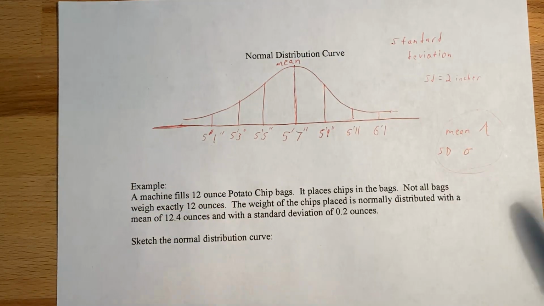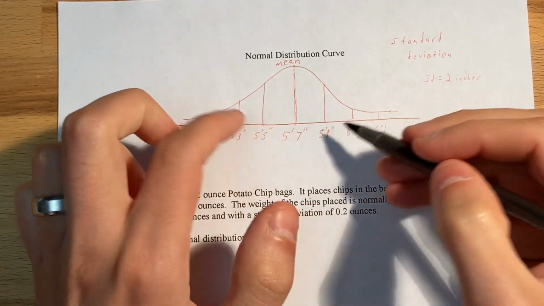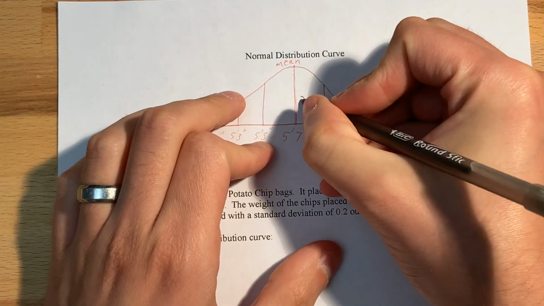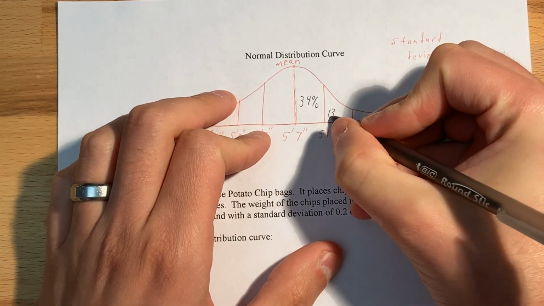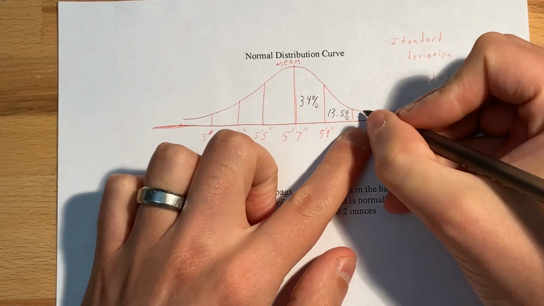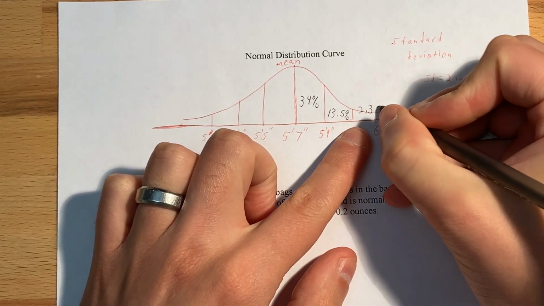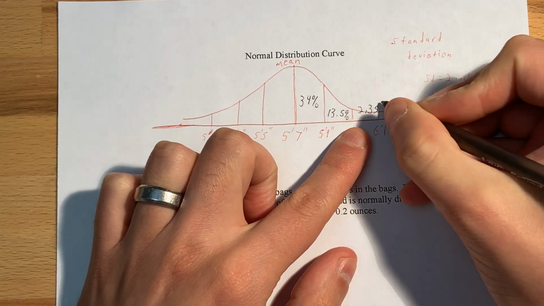And now it's time to throw some numbers in there that, once again, I'm going to describe afterwards. In a normal distribution curve, these are going to be percents under here. This section is going to be 34% of the data. This will be 13.5% of the data. This will be 2.35% and then 0.15% of the data.